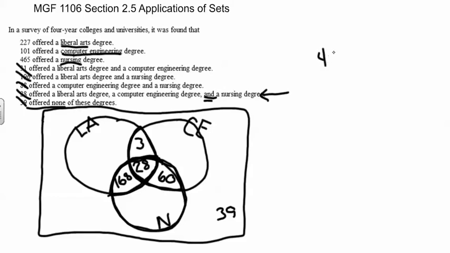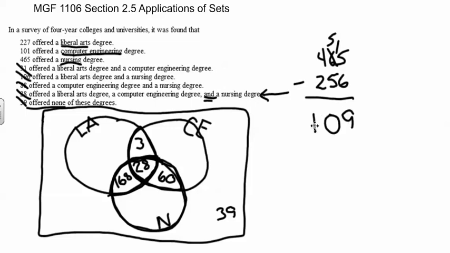So if I take 465 and subtract 256, we get 209. I didn't borrow from the 4 at first. 4 minus 2 is 2, 209.